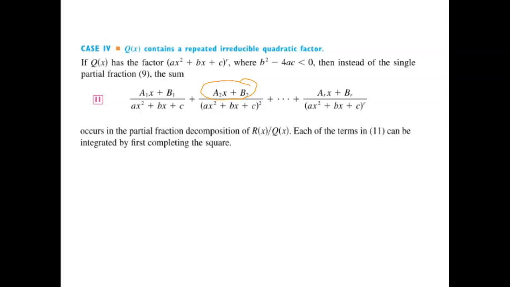So I'm still going to build up my partial fractions until I get the highest power of the repeated quadratic factor. So it'll make more sense when I show you an example, but I'll give you a minute if you're trying to write this down. Give me a green check when you're ready to move to the example.